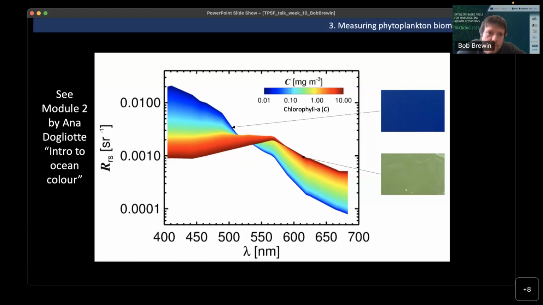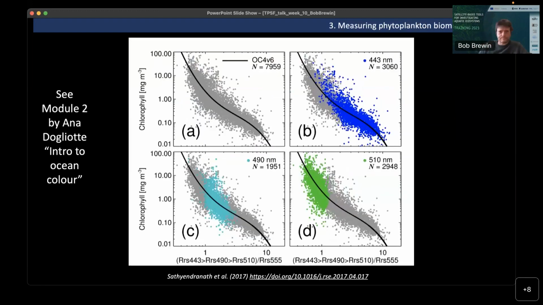And so by looking at spectral variations in the remote sensing reflectance measured from the satellite, we can get pretty good approximations of the chlorophyll concentration. And that's just shown again in an example here. This is from one of Schuber's papers published back in 2017.